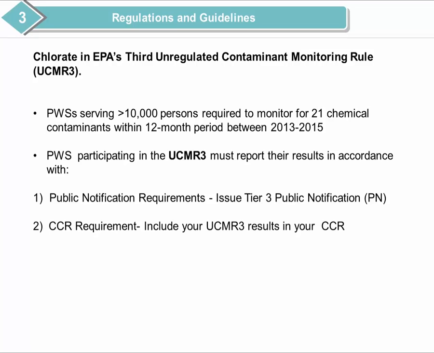The UCMR3 is used by U.S. EPA to determine whether future regulations are needed and require the laboratories to analyze and report all results that exceeded EPA's minimum reporting levels for each contaminant.